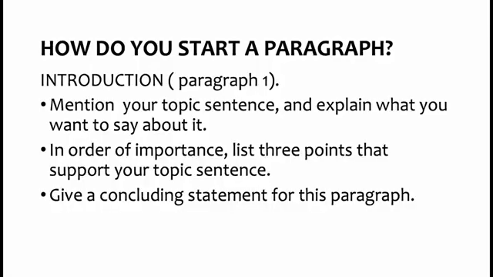Second, in order of importance, list 3 other points that will support the topic sentence. The main thing, the most important thing, is the topic sentence, and then 3 other supporting things that we need to do in order of importance. What are the 3 things that we need to do? Those are the ones that will revolve around the topic sentence in order to make your work rich.